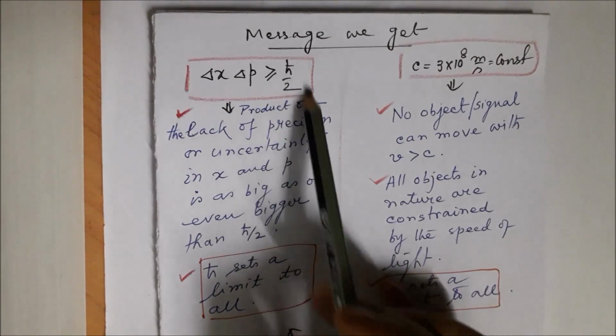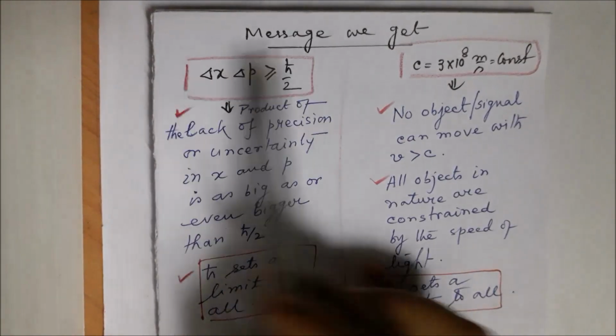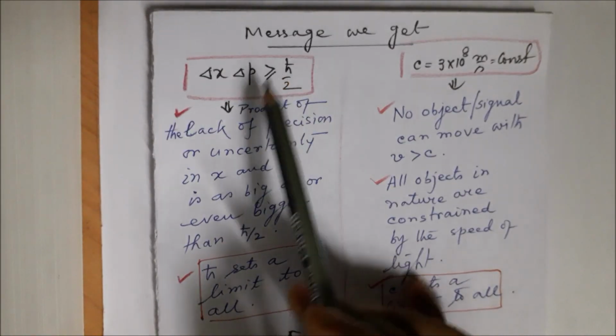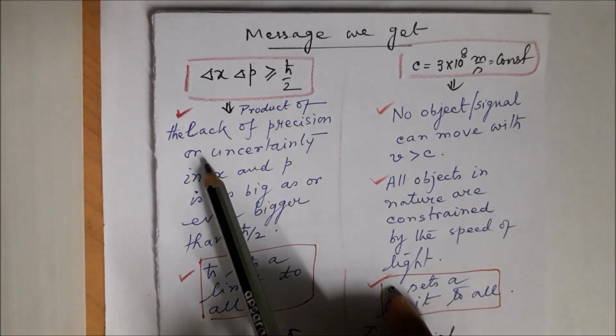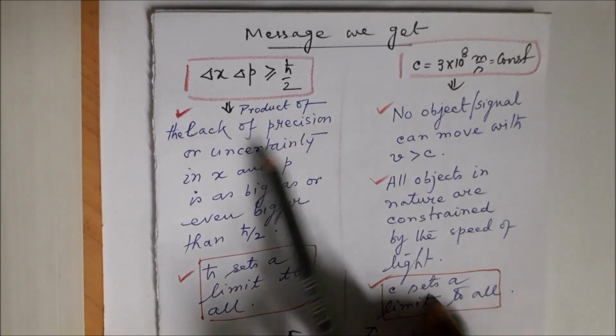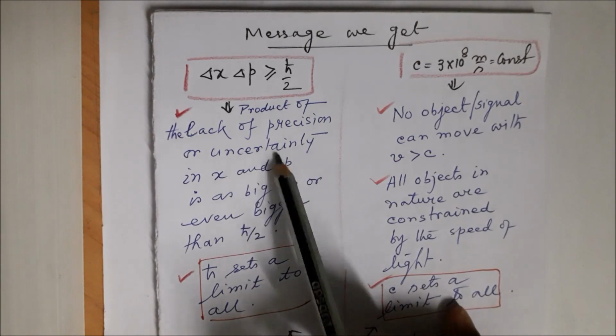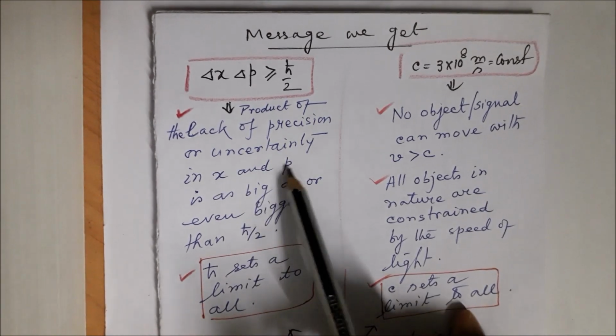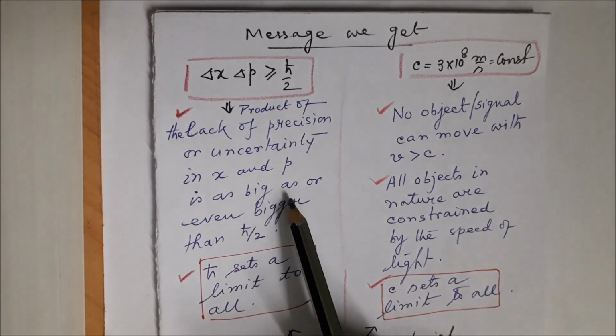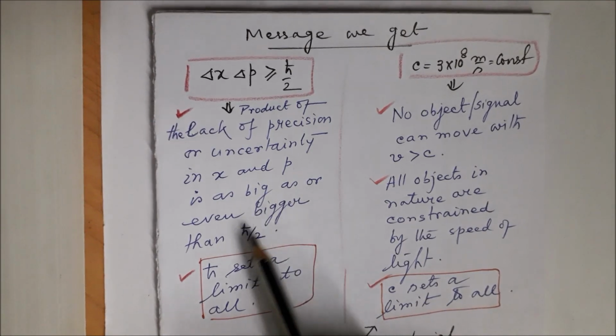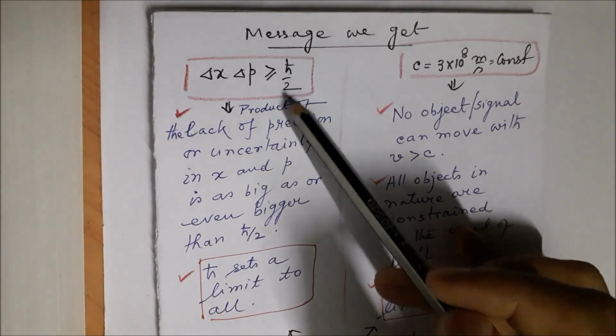Let us first consider this relation, which says that the product of the lack of precision or uncertainty in x and in p is as big as or even bigger than h cross by 2.